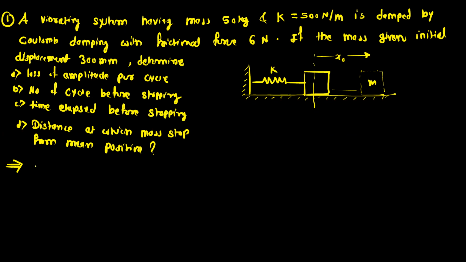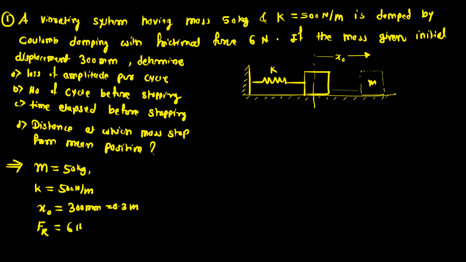Okay, so note down the given data. The mass is 50 kg, then k is equal to 500 Newton per meter. Initial displacement x0 is equal to 300 millimeter, so this is 0.3 meter. And the frictional force F is equal to 6 Newton.